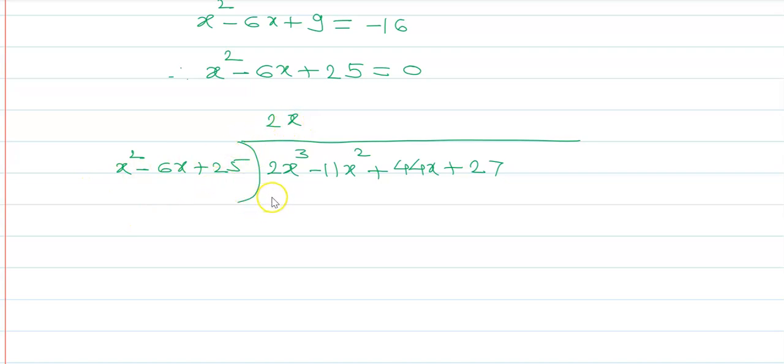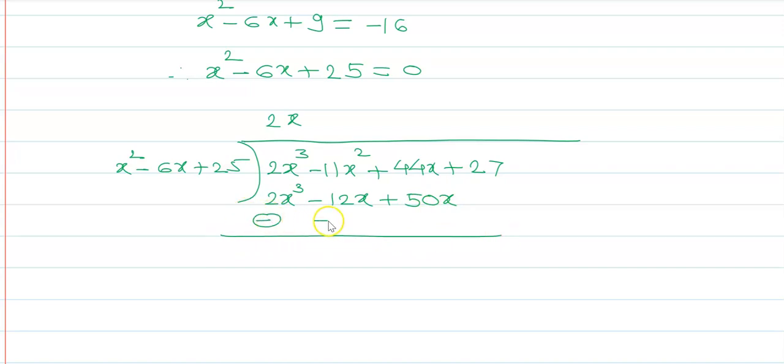Now multiply this 2x with all the terms. Then you are getting 2x cube. 2x into minus 6x, it is a minus 12x square. 2x into 25 and that is 50x. Okay. Change the sign.